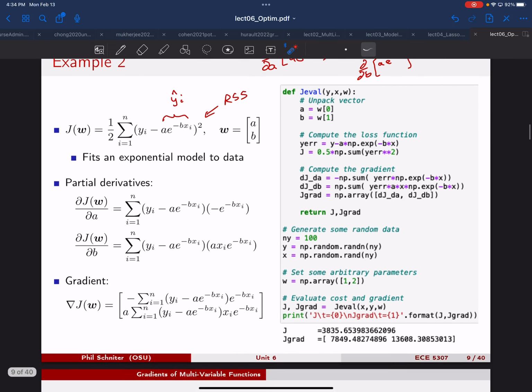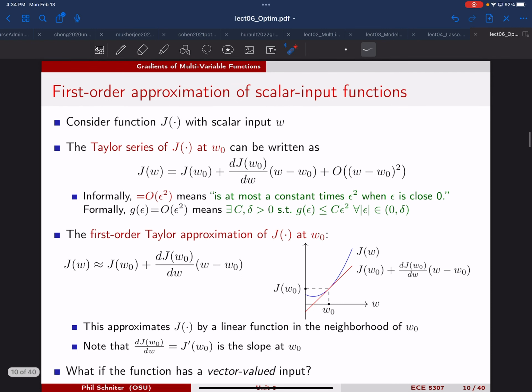Okay, all right. So let's move on to first order approximation. This slide, just before class, I was trying to make the picture on the slide better. So if your slide deck looks a little different, it's probably just the picture that changed. But basically, this is the idea here. We want to come up with a nice way to approximate scalar input functions by linear functions, which are just like lines or planes or something like that.